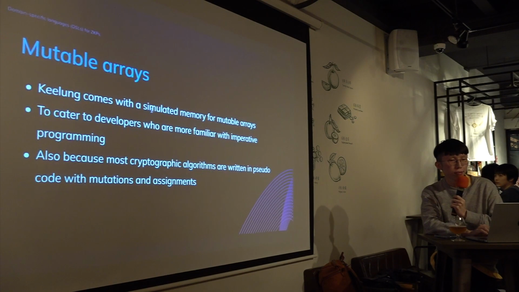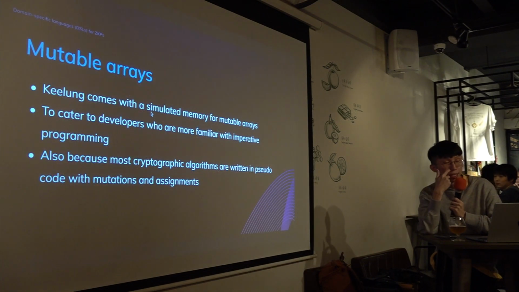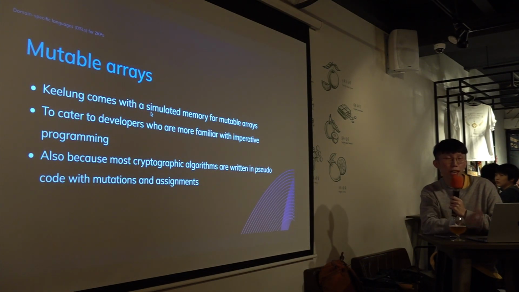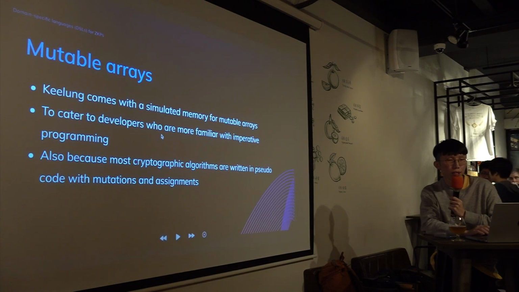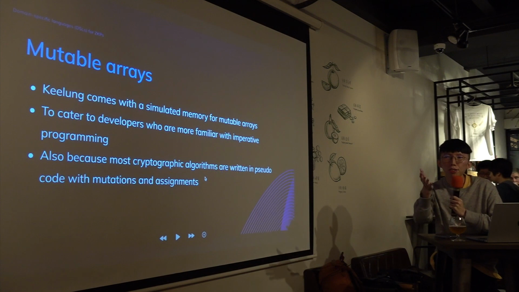So later we found that all the other ZKP languages have this kind of unsigned integers and they can pack these field elements, these bits, into a more compressed format. So we ended up like that. We also have the unsigned integers. So we would like to do that kind of optimization in Keelung.